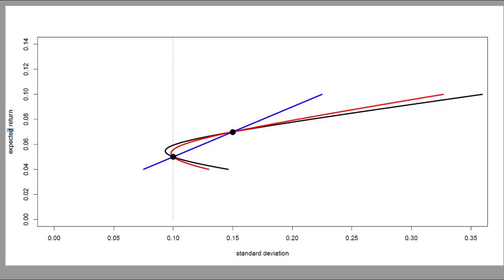The red line is the profile for a correlation of 50%, and the blue line is the risk-return profile for a correlation of 100%. Here you can see the standard deviation of asset 1. Let us zoom into the relevant area.